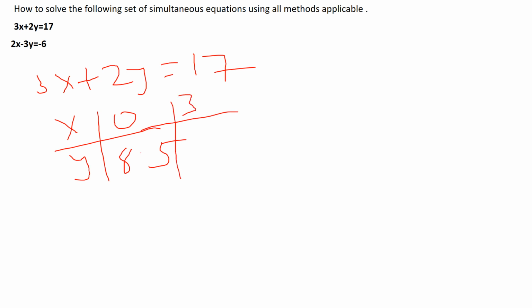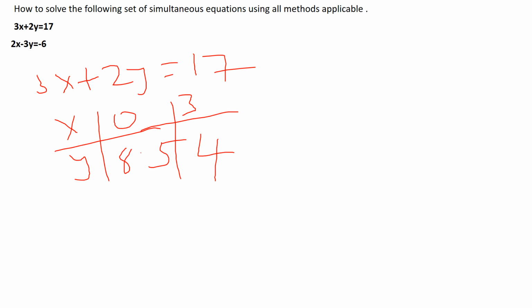Then we can use the next value, which is 3. So we place 3 where we have x, so we have 3 multiplied by 3, which is 9. So we have 9 plus 2y equals 17. If you take 9 to the other side, you get 8, so 2y equals 8. If you make y the subject, you remain with 4.